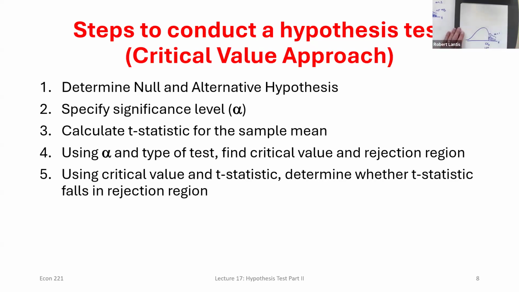I now know that for a right-tailed test, the rejection region is anything to the right. I'll complete this example, but just to show you what it would look like for a left-tailed test, I would do the same thing. It's just that I'm looking for the critical value that gives me alpha in my left tail. There, my rejection region is anything to the left.